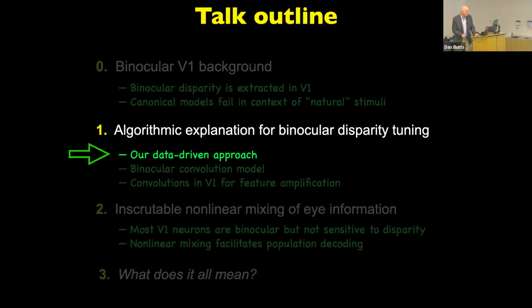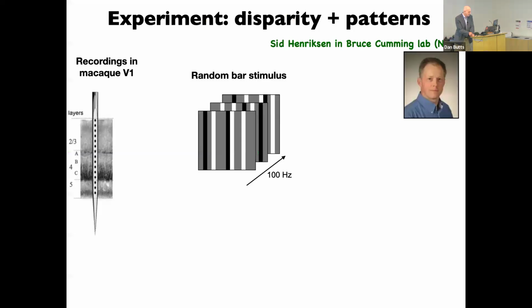So that's all the background, and hopefully I'll bring this together now in the data-driven approach. Now I can get concrete and talk about the experiments that my collaborators have done and that we've been working on analyzing. So the experiment is to present a relatively simple stimulus, which is a random bar stimulus, to V1 cells, and it's a flashing random bar.